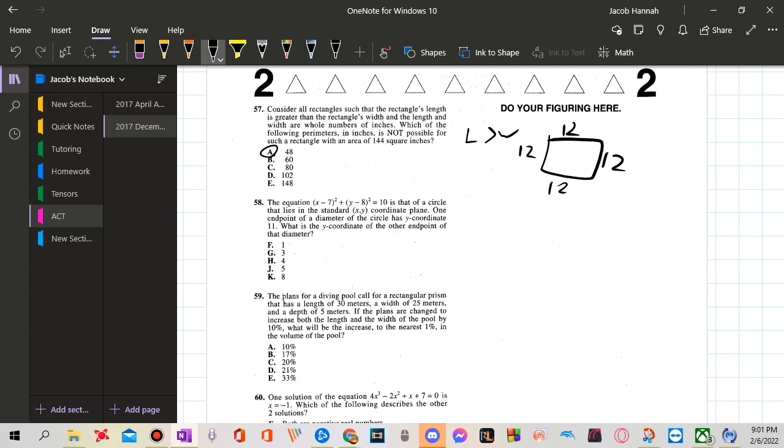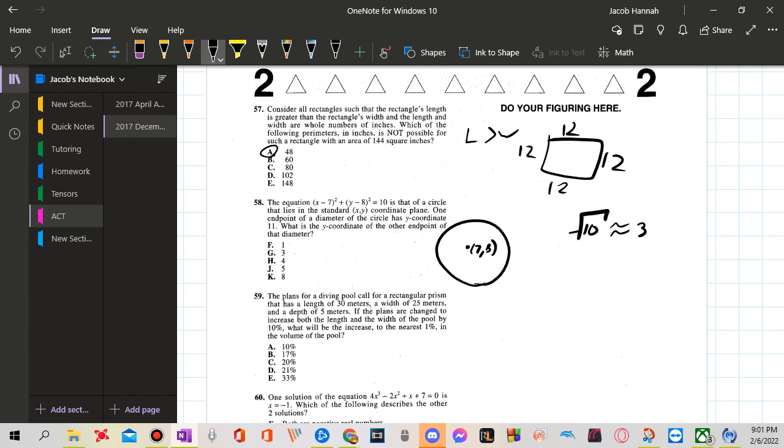Alright, so it gives us our equation for our circle. So that means the center of our circle is going to be 7 and then 8. If it has a radius of 10, let's say that's roughly 3.